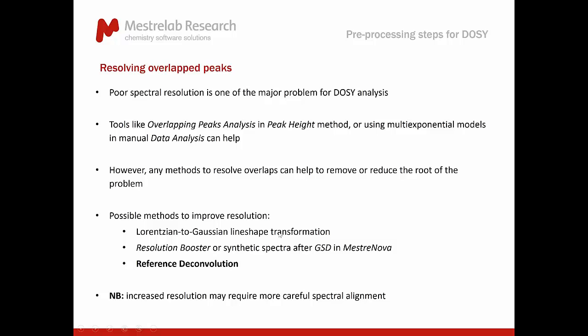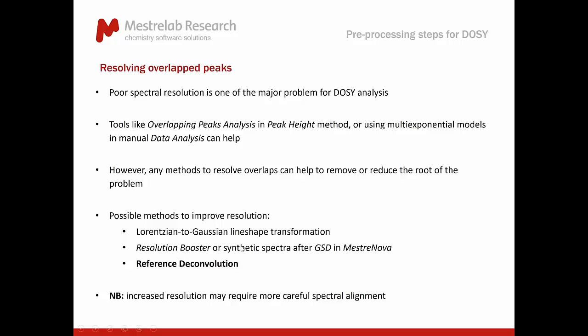MestReNova has some proprietary built-in techniques like resolution booster or synthetic spectra creation after GSD. You can create synthetic spectra with uniform, sharp lines, much sharper than in the original spectrum. In this way you have much better resolved spectra than the initial one, and you can do DOSY on these spectra.